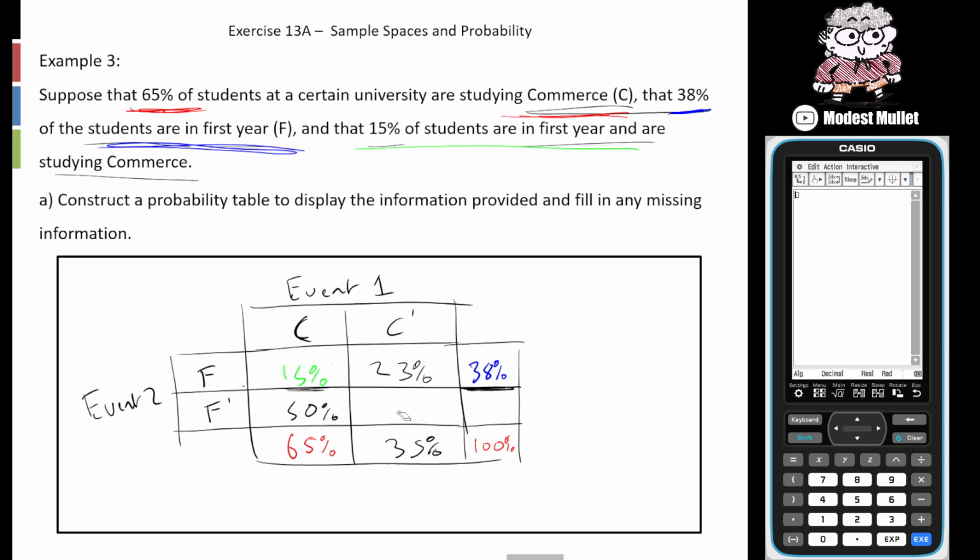Working down this way, 23, 35, that must mean that's 12%, and that must mean that is 62% going across that way, 50 plus 12, and then also checking down here, 38 plus 62 does equal 100 as well.